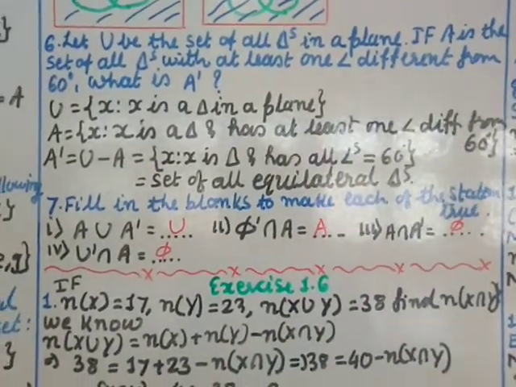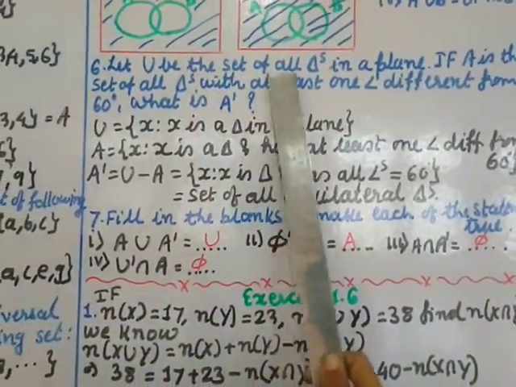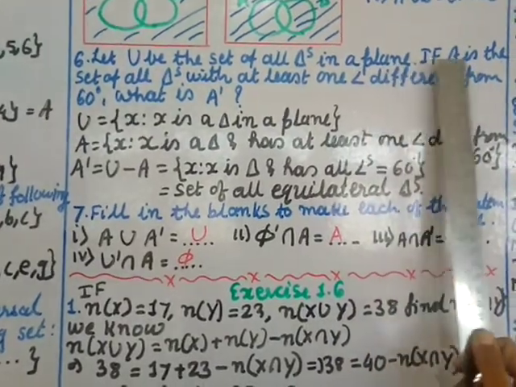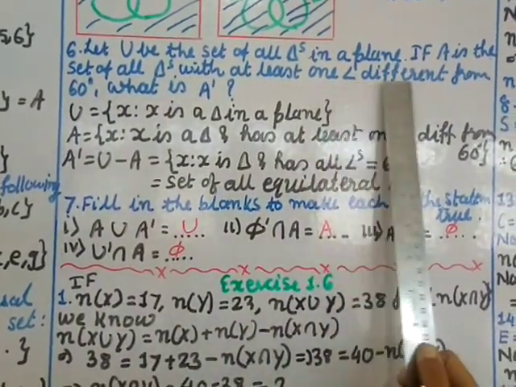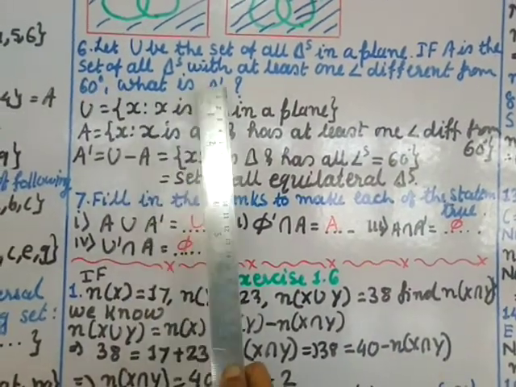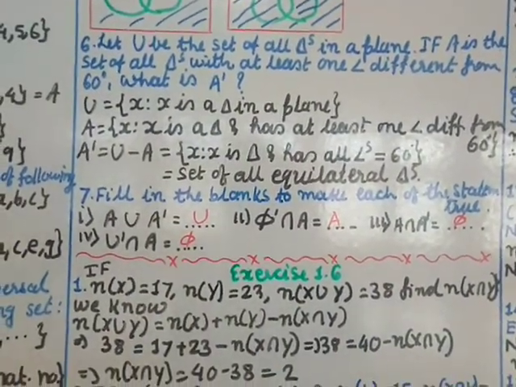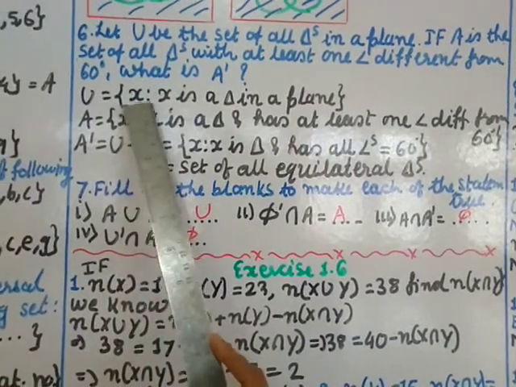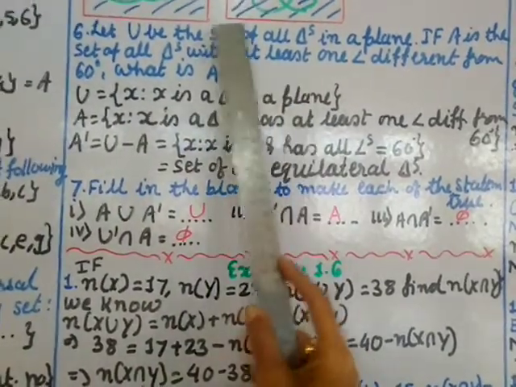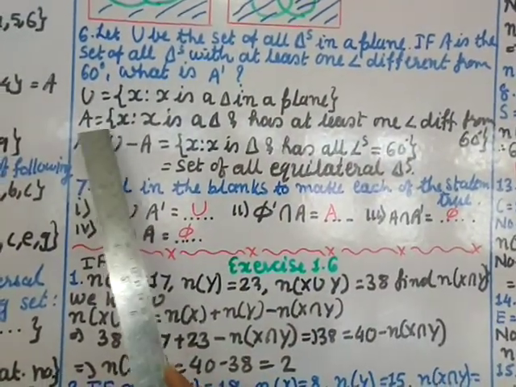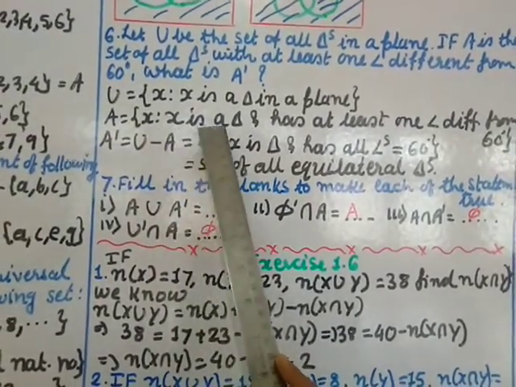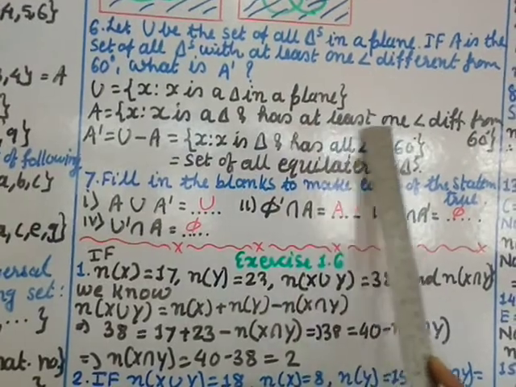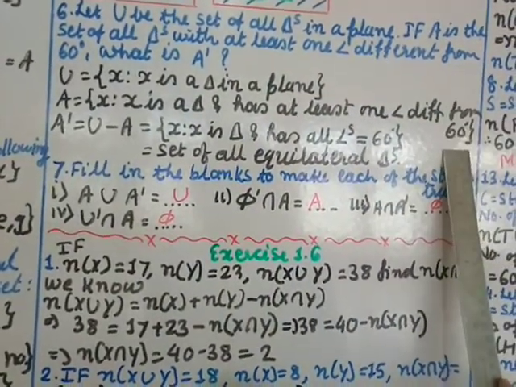Question number 6. Let U be the set of all triangles in a plane. If A is the set of all triangles with at least one angle different from 60 degrees, what is A', that is complement of A? Here U is equal to {x such that x is a triangle in a plane}. And another set A, which is a subset of this U, is given as {x such that x is a triangle and has at least one angle different from 60 degrees}.